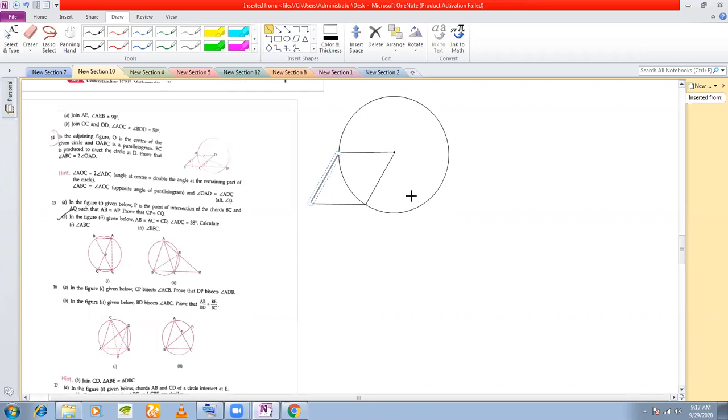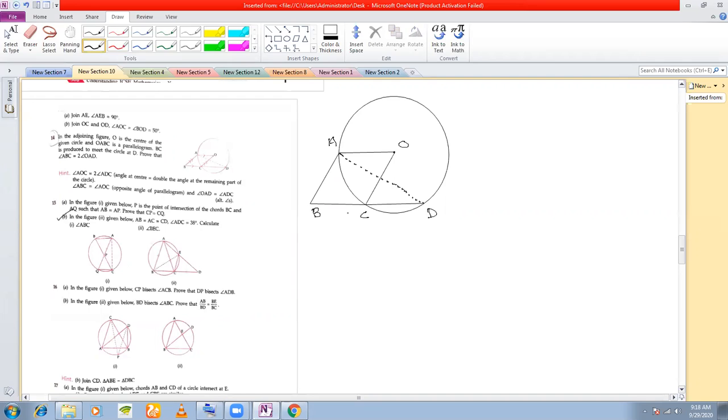Okay, this is your given, and there's a dotted line here, and they have used it. From here they have joined this, and they have joined this with the help of a dotted line. So this is your A. O is the center of the circle. B, C, and this is your D.